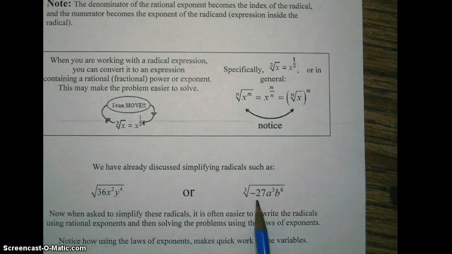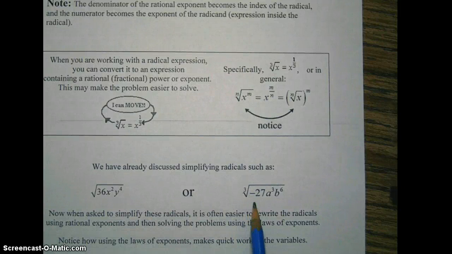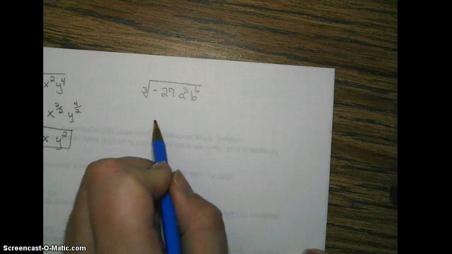All right, let's take a look at the second example. We have the cube root of negative 27a cubed b to the 6. So go ahead and pause the video right now and you try and convert this to rational exponents. All right, welcome back. Let's see how you did. So first, our number is negative 27.